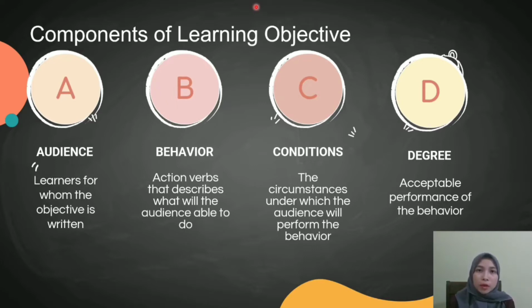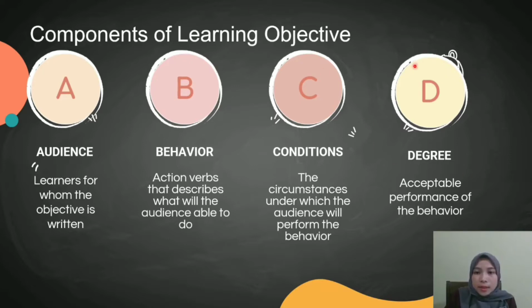An example of a condition in an objective is, for example, I give you this phrase: after this lesson, the student should be able to take less than 5 minutes in successfully predicting the performance behavior. So, the phrase here, which is less than 5 minutes, represents the condition.